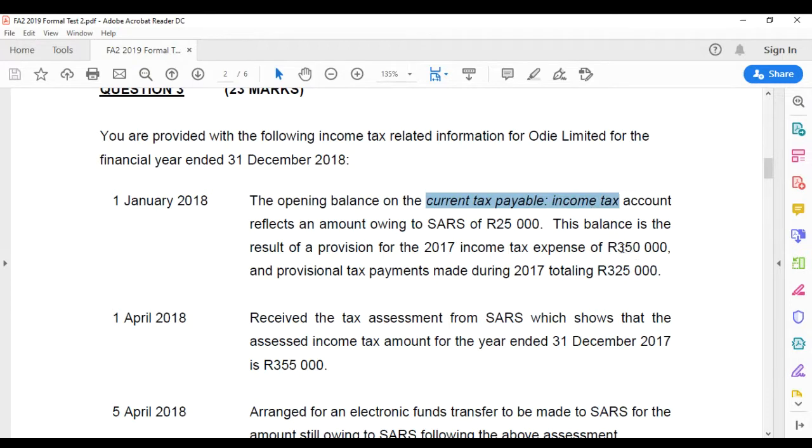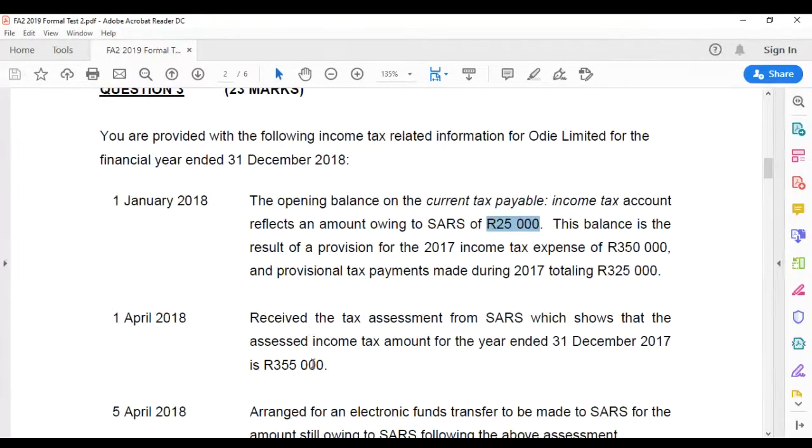So we've credited it with 350,000, we've debited it with 325,000, so that provides us with the balance at the end of the year that we have carried forward, or carried down as they say nowadays, of 25,000 rands.